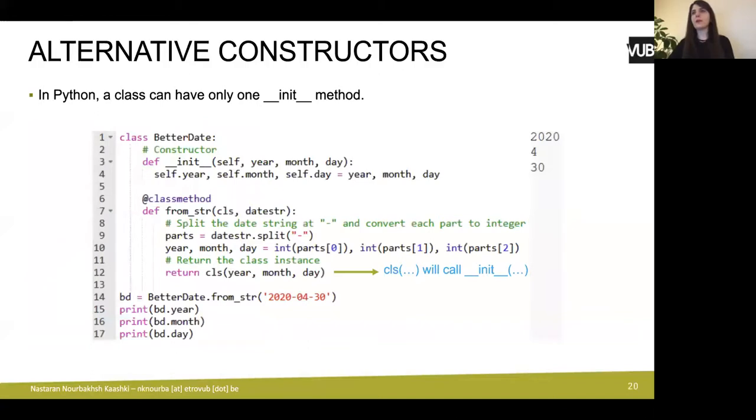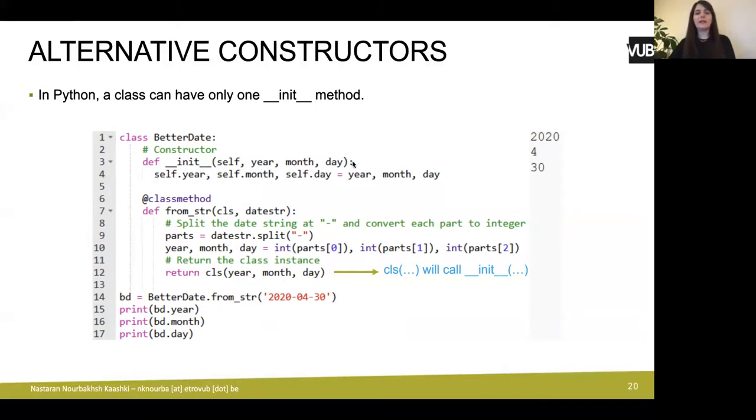Another example. For example, here, I want to create an object of better date using a str object. So I created a class method from str, with CLS and date, and it will split the dates, and it will call the constructor using year, month, and day that have been extracted from the string.